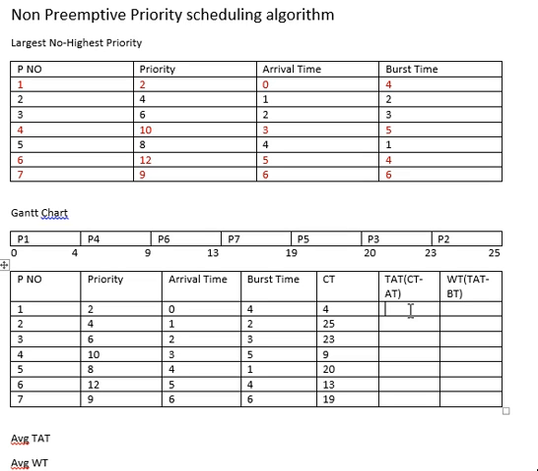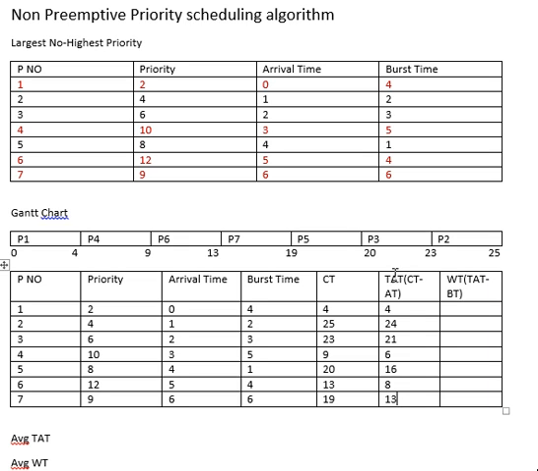Next is your turnaround time, so I just do this minus this, that's 4. Next you have 24, next you have 21, next is 6, next is 16, 20 minus 4, 13 minus 5 is 8, and lastly we have again 13, so 19 minus 6.